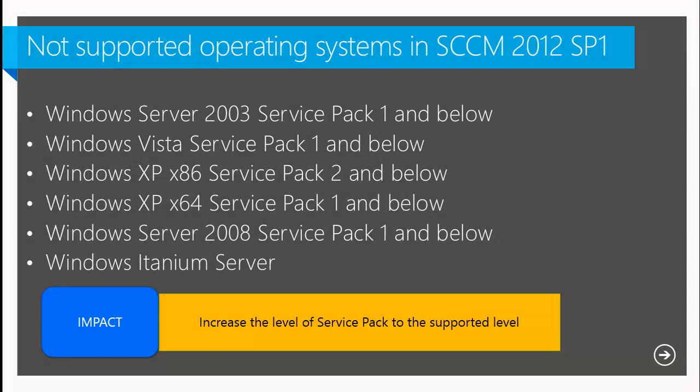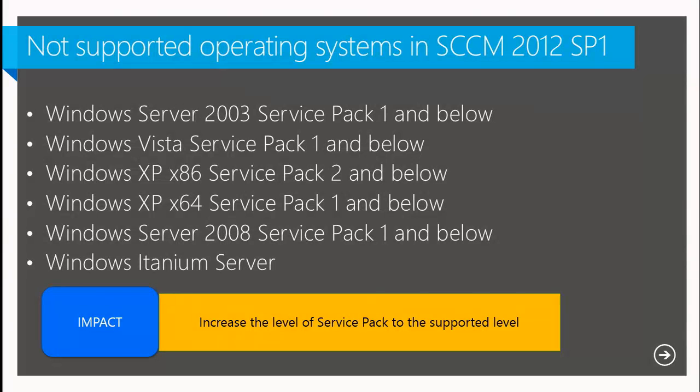We are not supporting several operating systems with several service pack levels that we have to consider, because most operating systems and service pack levels were supported by SCCM 2007. From now, we will not support these operating system levels.